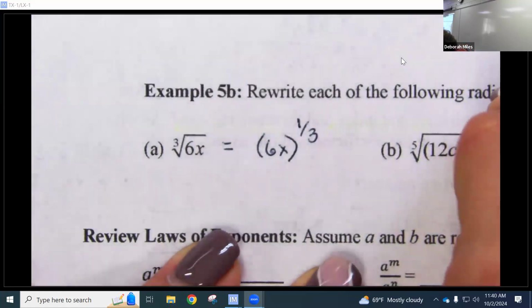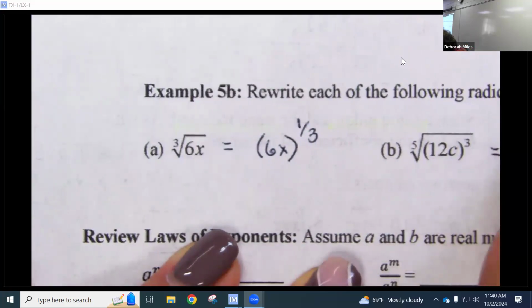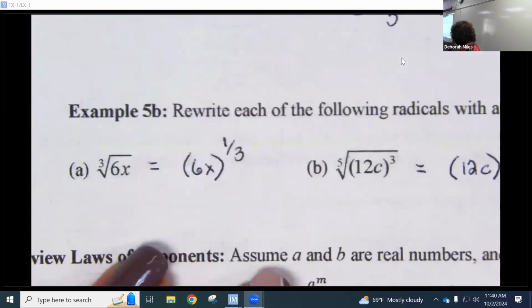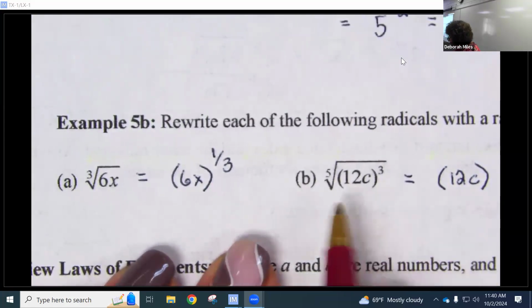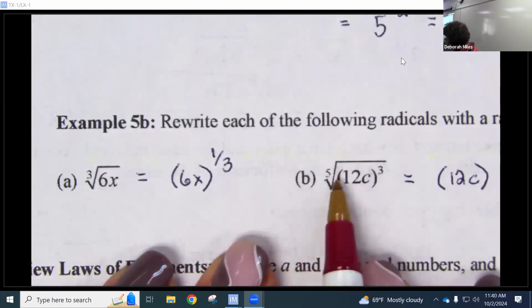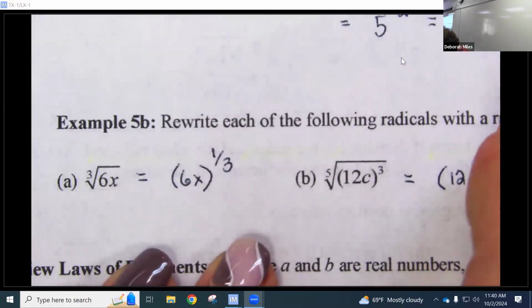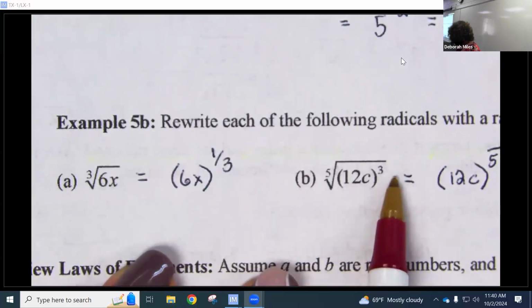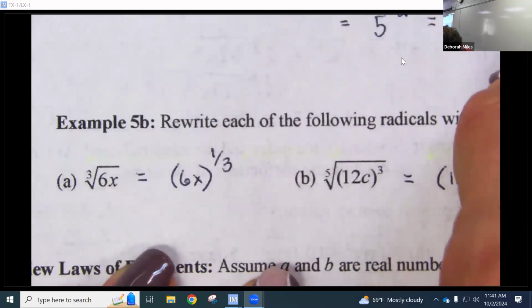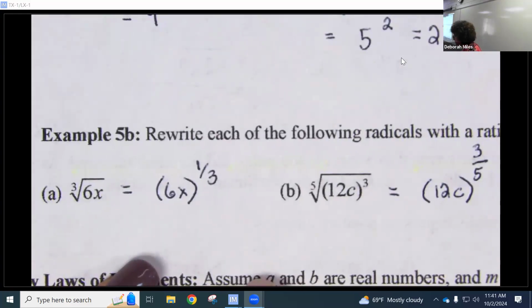If I just wanted to write that as 12c to a single exponent, what would that single exponent be? Absolutely. The denominator is the index of the radical. The denominator would be 5. And then since that's raised to the 3rd power, the numerator is 3.